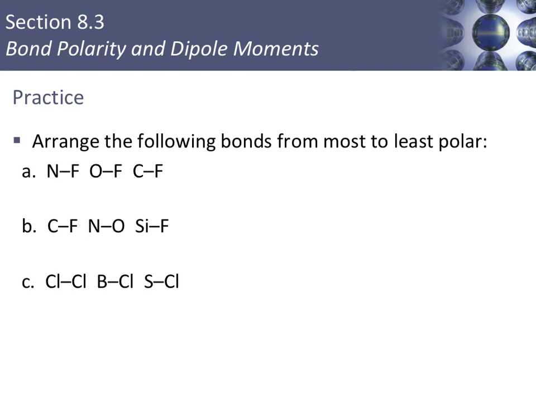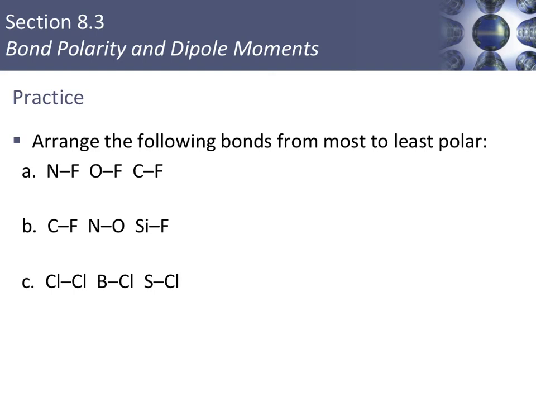Pause the video here and try to put these bonds in order from most to least polar. Try not to look up the electronegativity values. Look at the atoms' positions on the periodic table. In A, we're looking at different atoms bonded with fluorine. Carbon is the farthest away from fluorine, so their electronegativity values would be the most different.